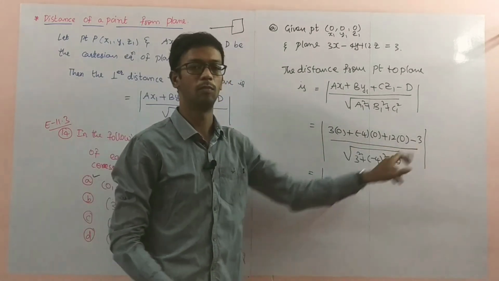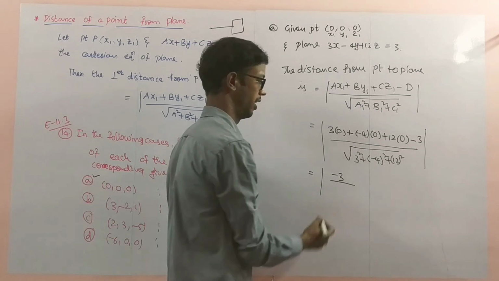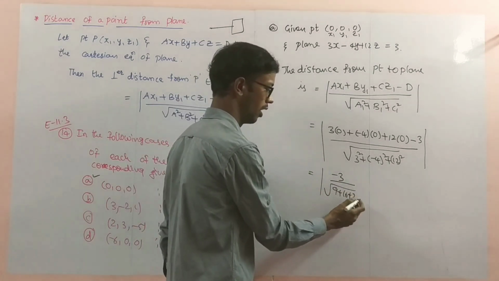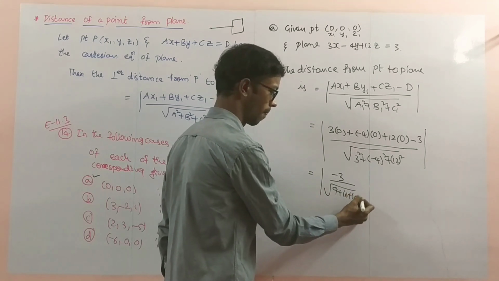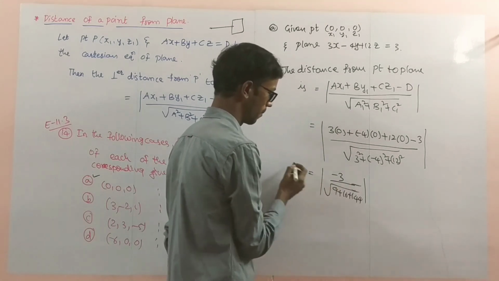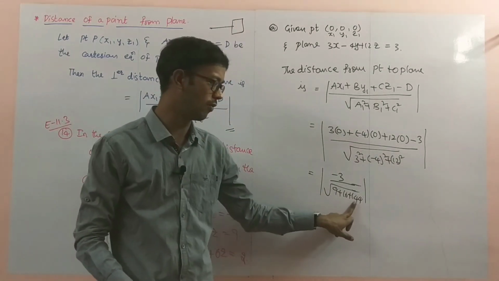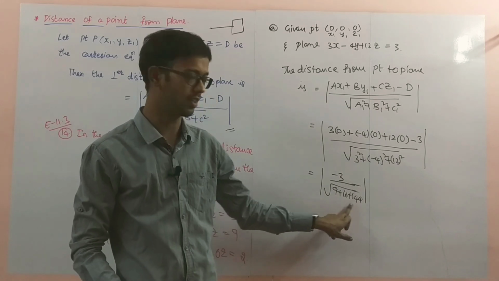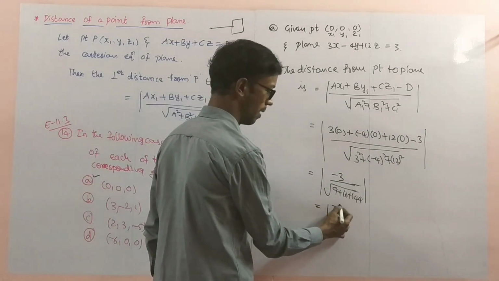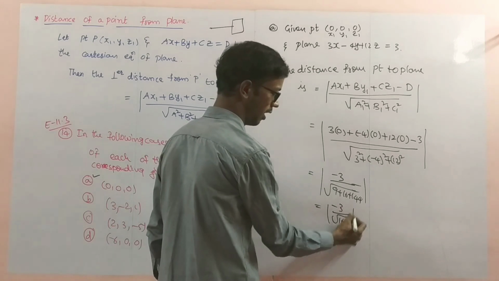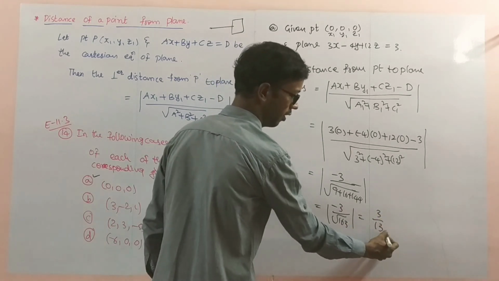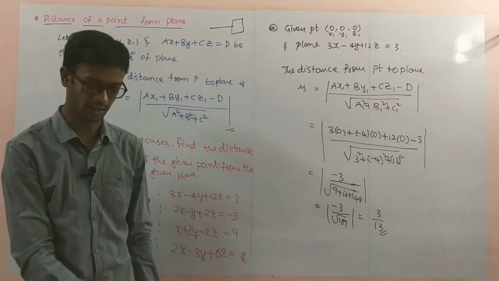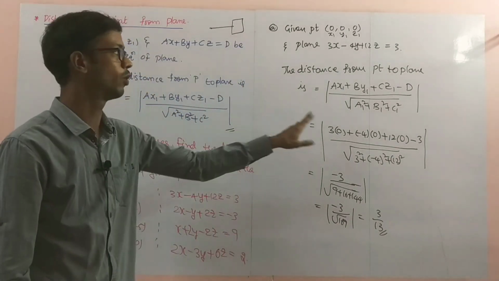So minus 3 divided by square root of 9 plus 16 plus 144. 144 plus 16 plus 9 will become 169. Root 169 is 13. So 3 by 13 is the distance from the point to the given plane.